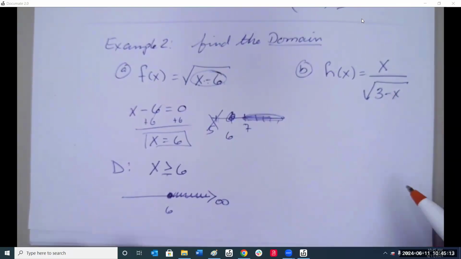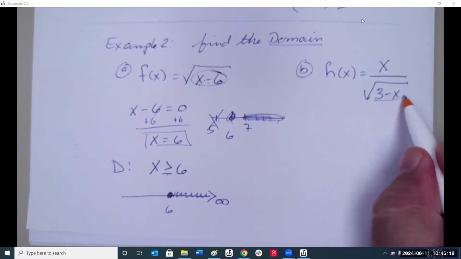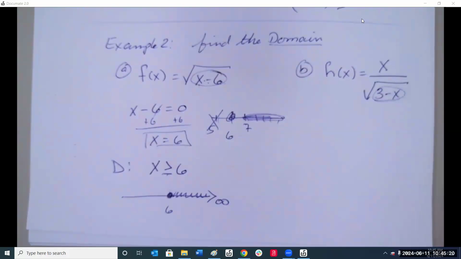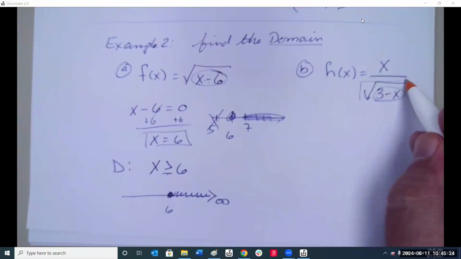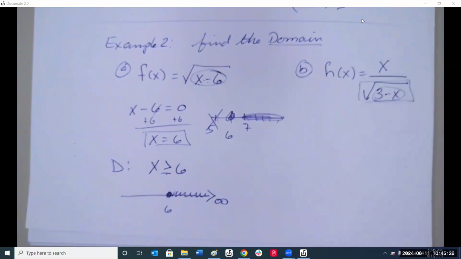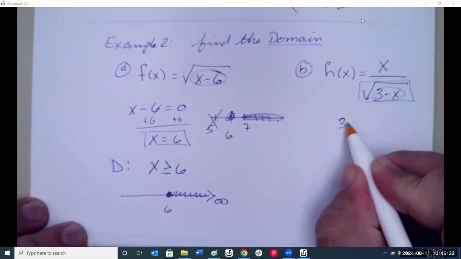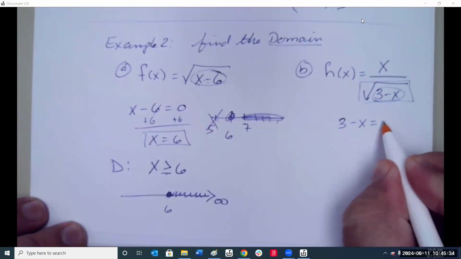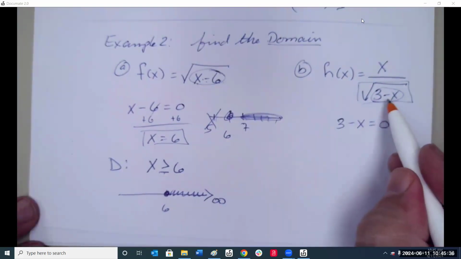Same thing here now. Two things we have to know here. Inside here cannot be negative, and the bottom cannot equal what? Cannot be 0. So we always set inside here.